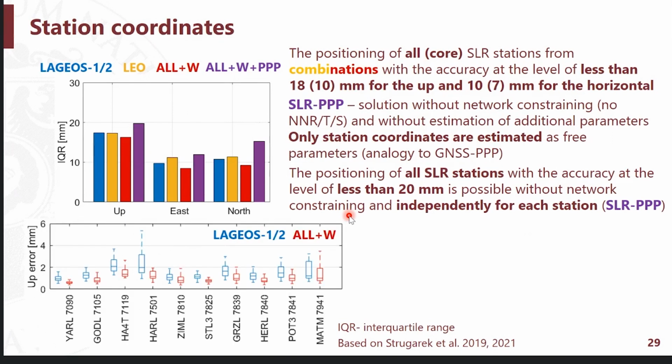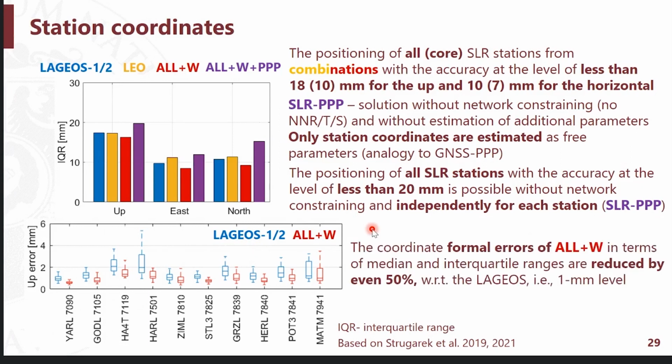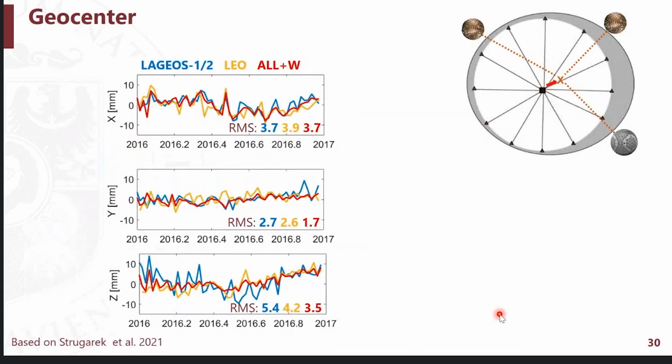The figure below shows the formal error of the up component for the solution based on Lageos and the multi-satellite combination, and we can notice that formal errors in the combinations are successfully reduced by even 50% to the level of 1 millimeter or even better.